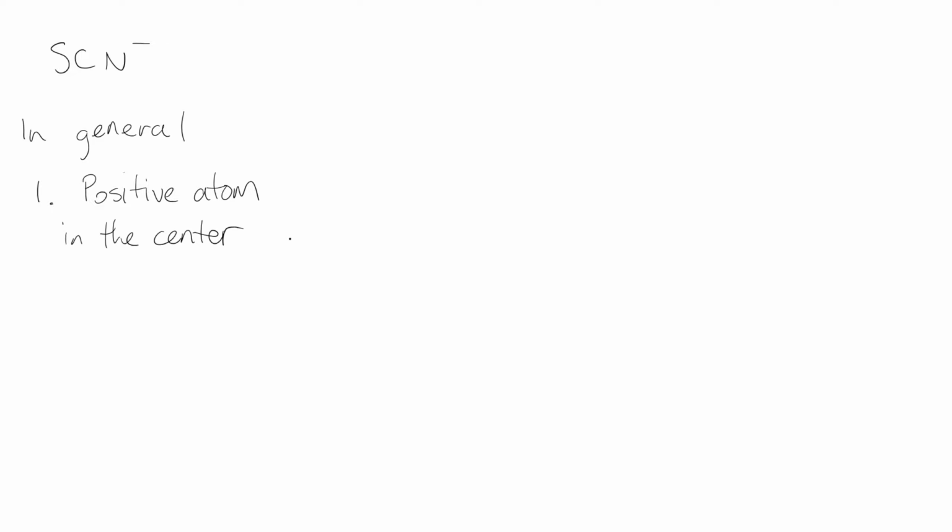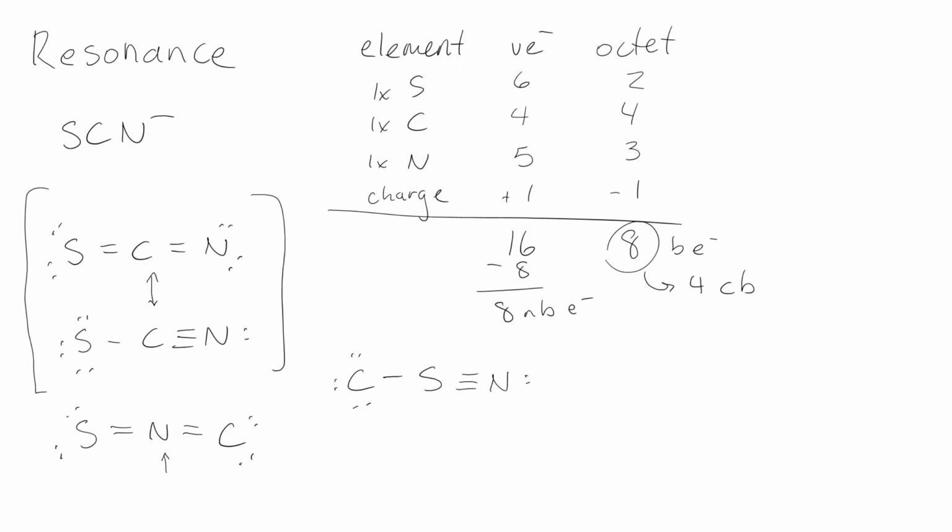Okay, the most positive atom in the center, right? That allows the electrons to have a place to put their electrons. And so if we look at this molecule here, all of these different options, well, you could put either carbon, sulfur, or nitrogen in the center. Well, the most electropositive atom is going to be carbon, right?